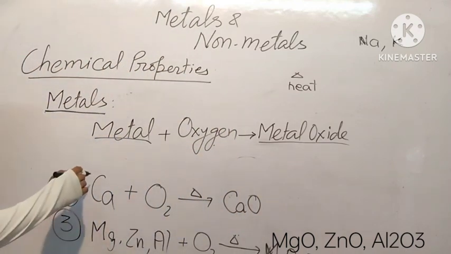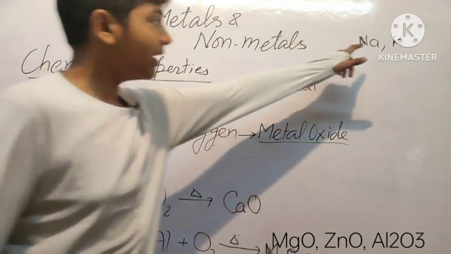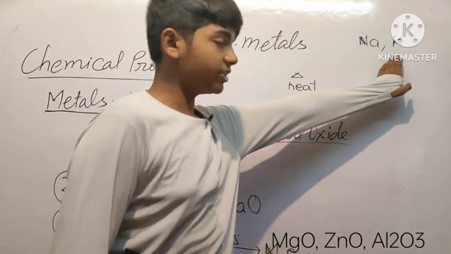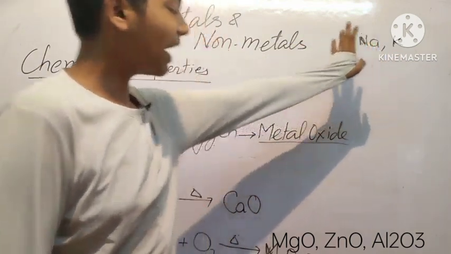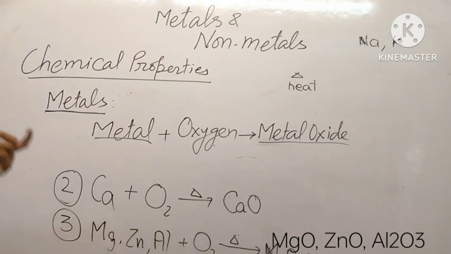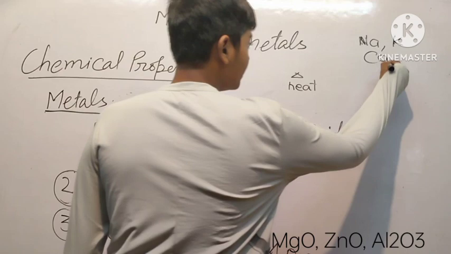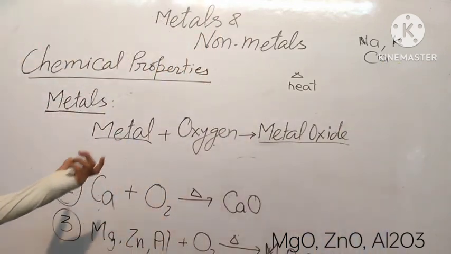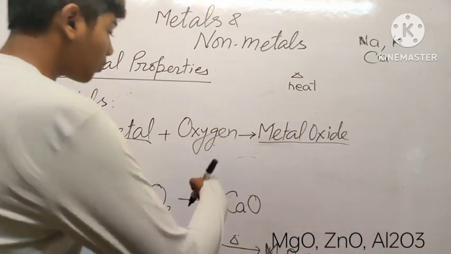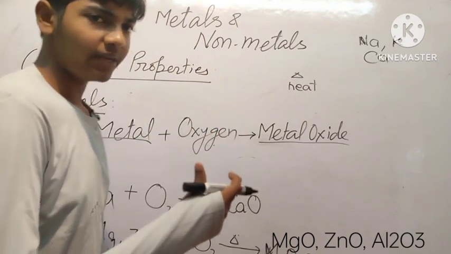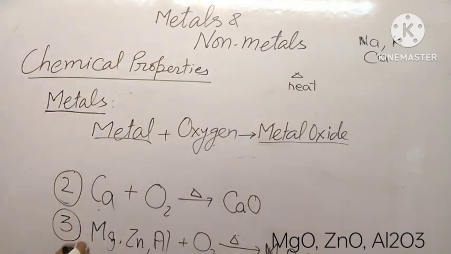So what we see is that sodium and potassium reacted with oxygen vigorously even at room temperature. Calcium reacted with oxygen at room temperature, but it was not that vigorous. When we provided some amount of heat, then it started burning. Then we had magnesium.